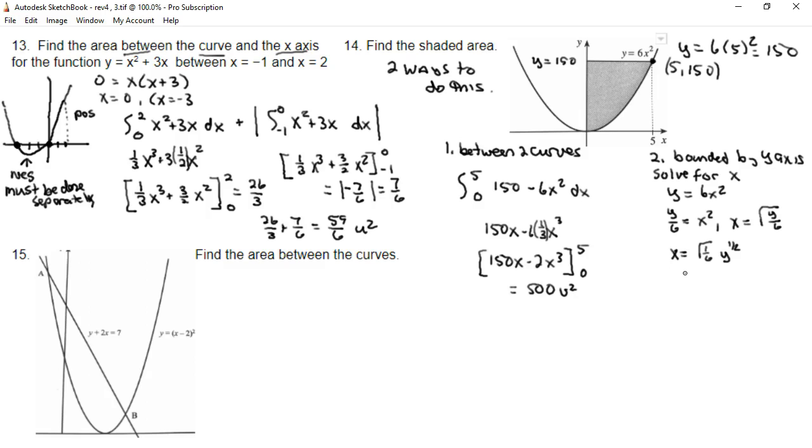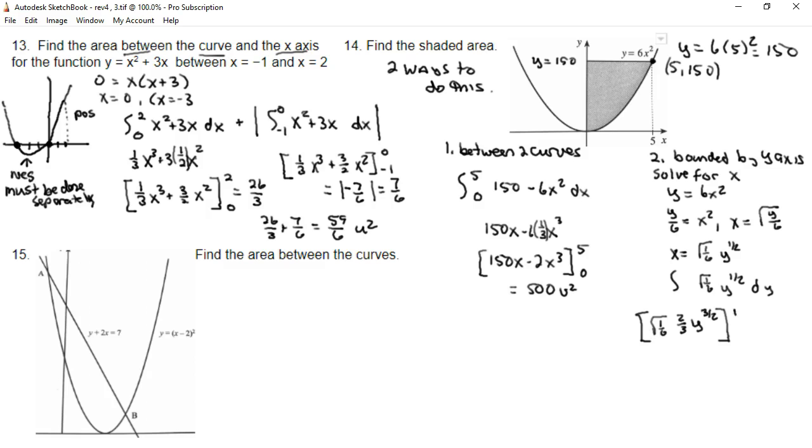And see, now if I do integration with that, all I'm going to do is add 1, and I get 1/2 plus 1 is 3/2, and then multiply it by the reciprocal, and I still have a square root of 1/6 out there.